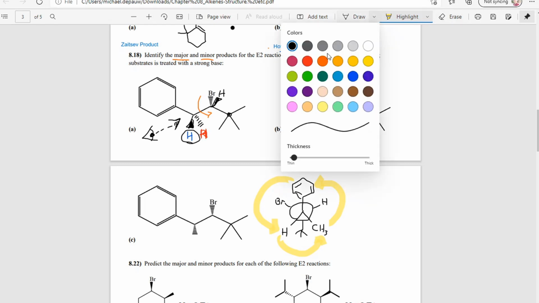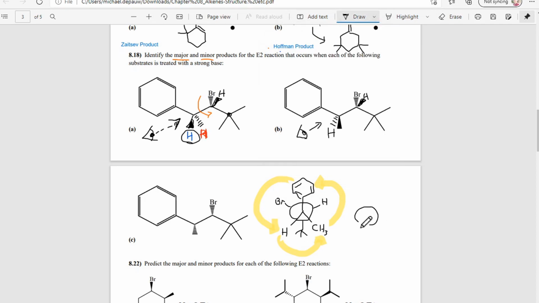So then I will rewrite it as: the benzene ring is now down here, the hydrogen is here, and the CH3 is up top.